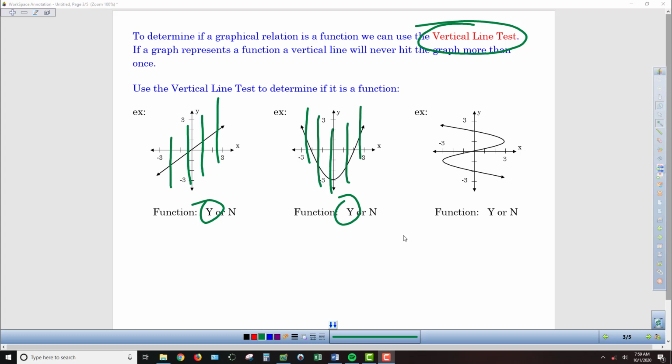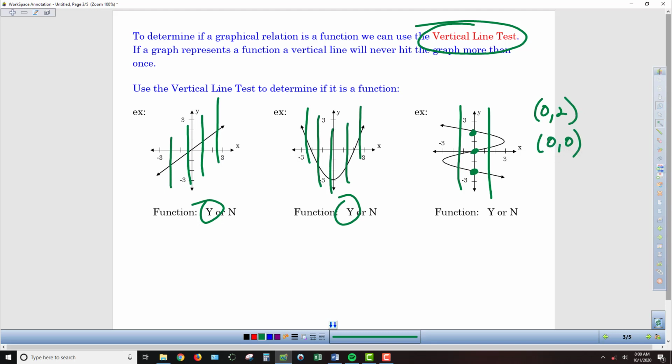But in the last graph, we can definitely hit the graph multiple times with the same vertical line. If we look at the y-axis in particular, we've got these three locations where we make contact with the graph with the same vertical line. The ordered pairs in this circumstance are (0, 2), (0, 0), and (0, -2).